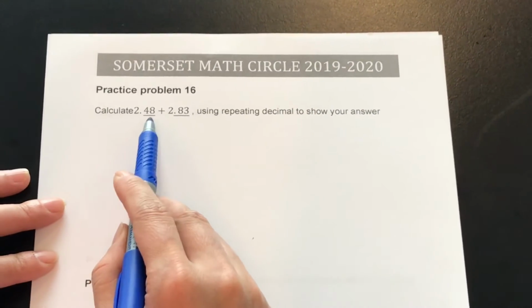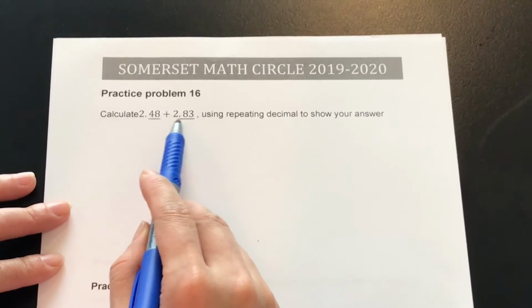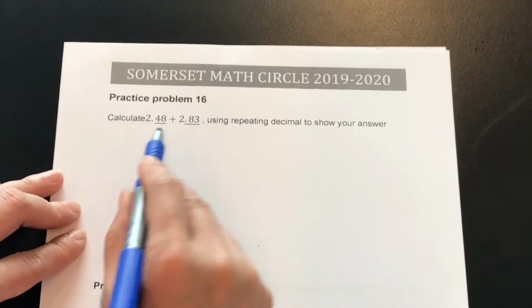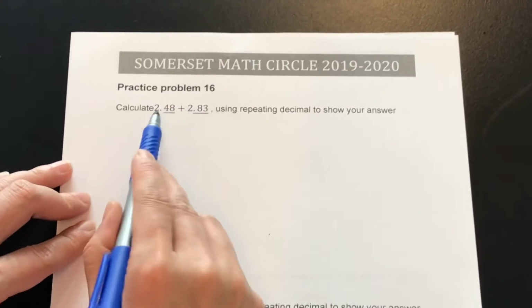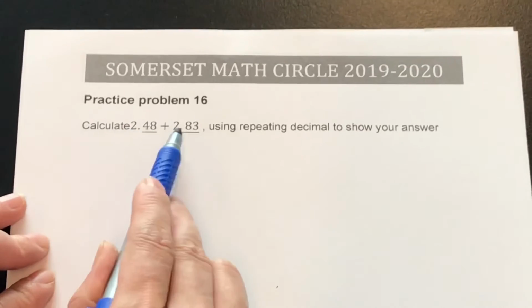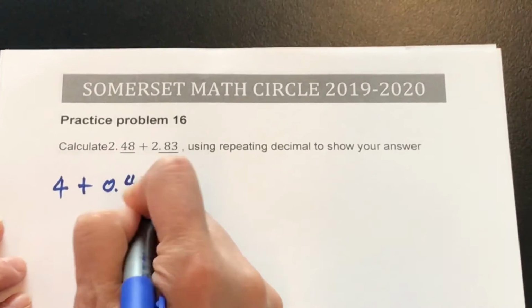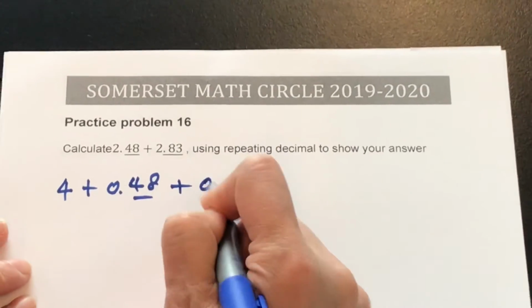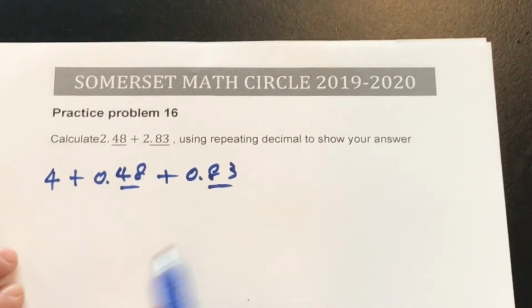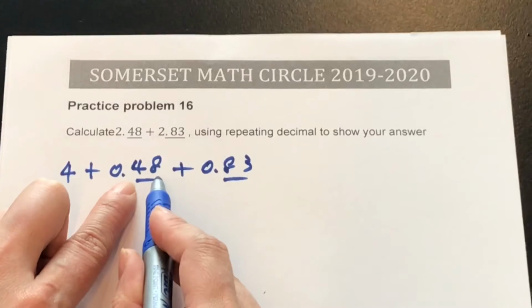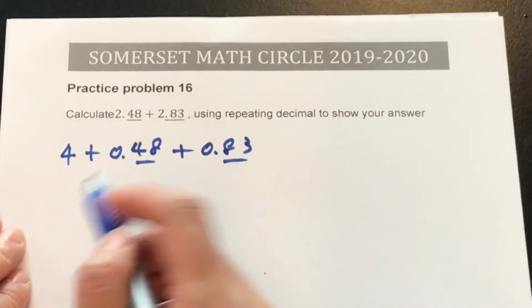Practice problem 16. Calculate 2.48 repeating plus 2.83 repeating. So we can take the integer number out. So you have integer 2, adding them together is 4. 4 plus 0.48 repeating plus 0.83 repeating. As we have shown before, you have two numbers repeating in fraction form.